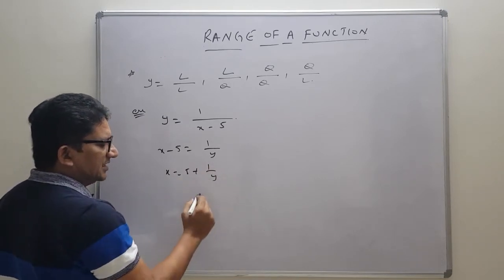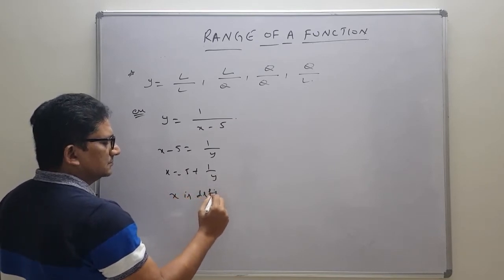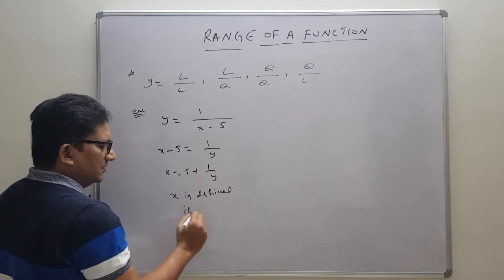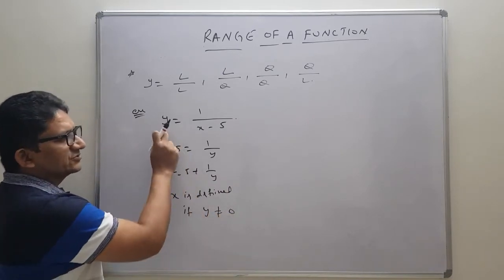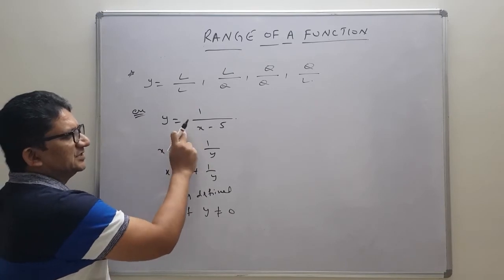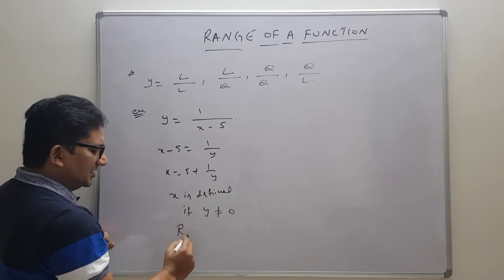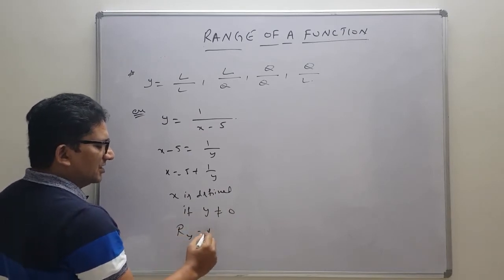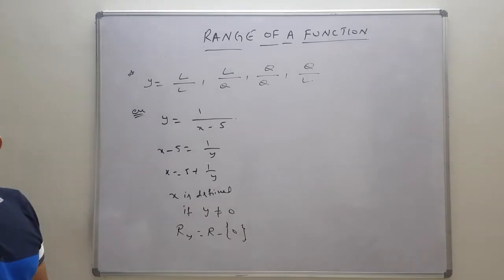So that means here we'll write x is defined if y is not equal to 0. Y means what? Your question only. So your result cannot be equal to 0, then the range of y is all real numbers except 0. Like this we can do.